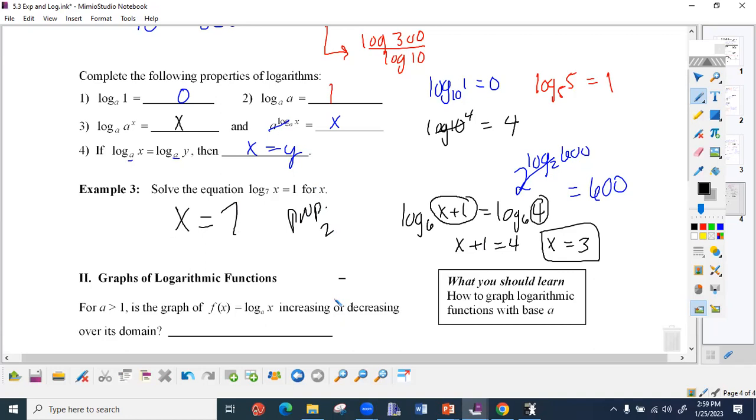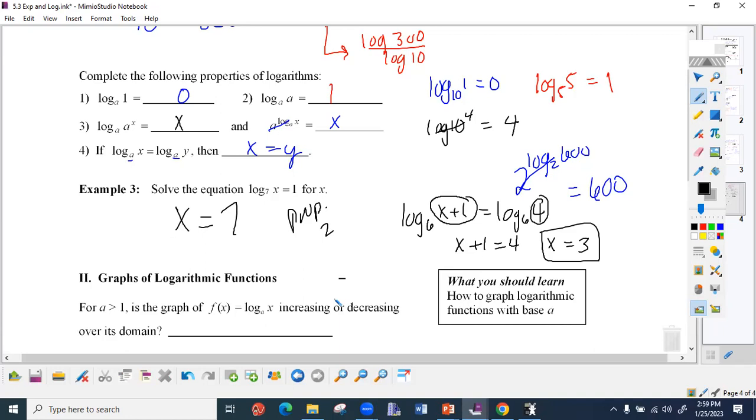All right, how do we feel about inverse and identity properties? So even if it's like log base 7 of y equals 1, would it be y equals 7? Exactly, because the only way to get 1 is that the argument and the base have to be the same. Okay? Got it?